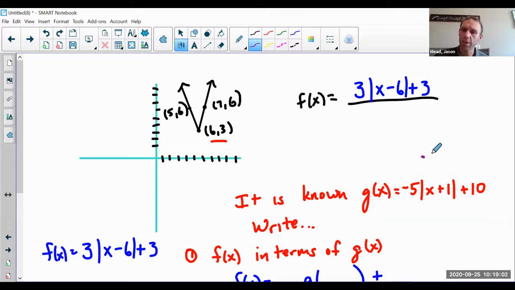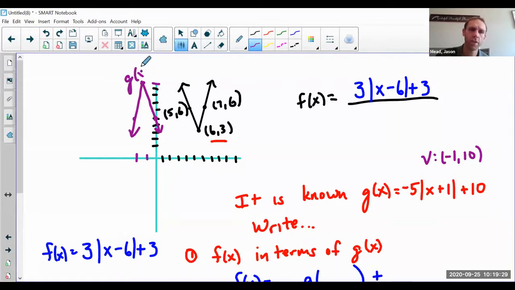So g has a vertex at (-1, 10), and my vertical stretch is -5. So (-1, 10) is going to be up here, and then down 5 over 1 on both sides looks something like this.